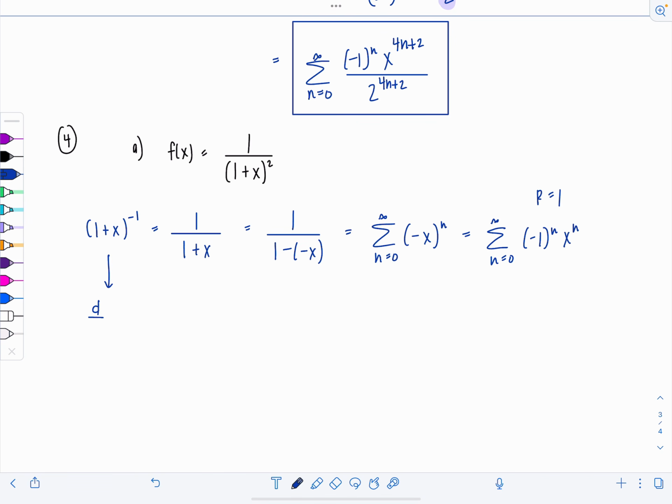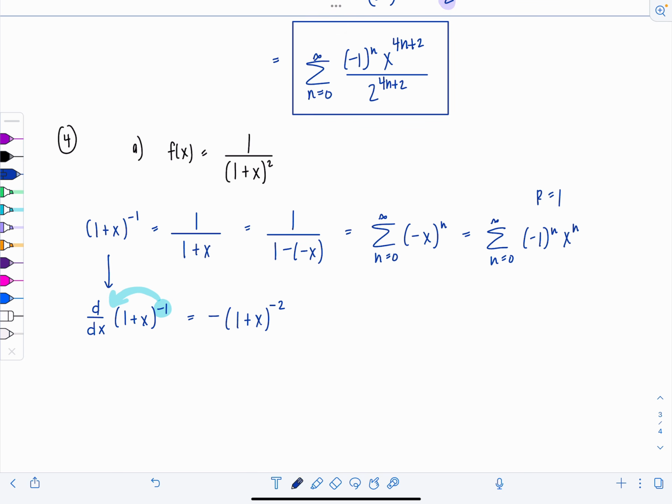So the derivative with respect to x of 1 plus x to the negative first is going to be, let's see, you take that exponent, bring it down in the front. So this is negative 1 plus x, and then subtract 1. My new exponent should be negative 2. And then we do have to just think about the chain rule. You would multiply by the derivative of the inside, but that's just 1.